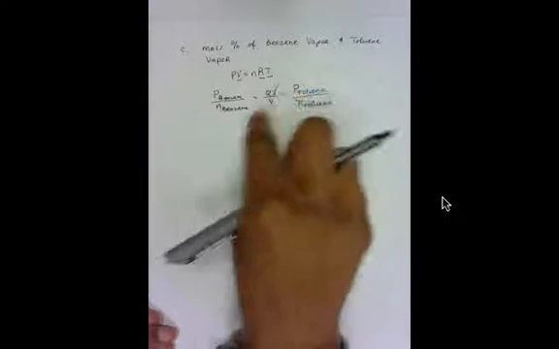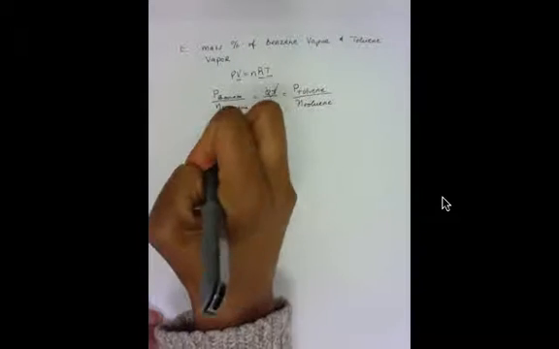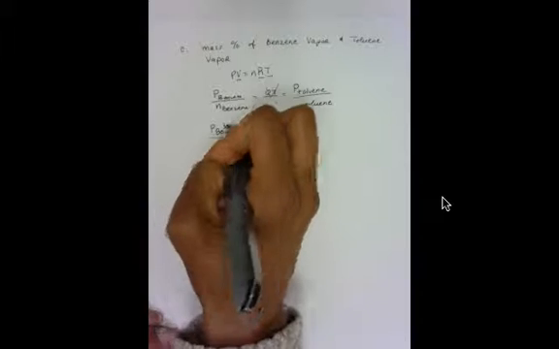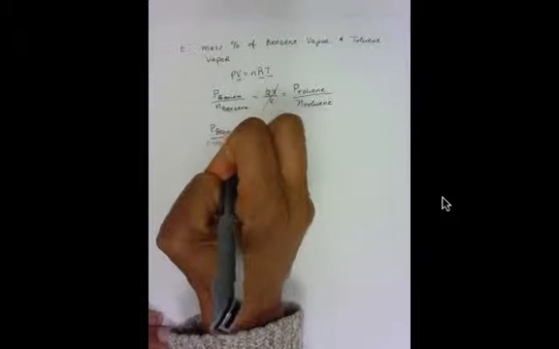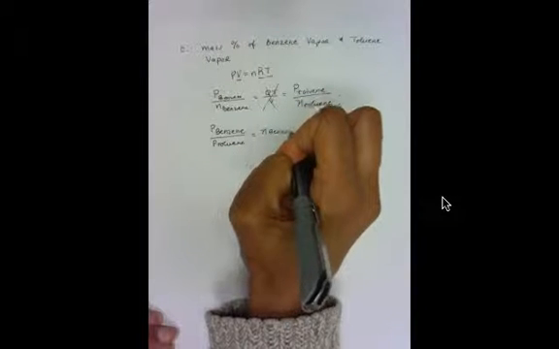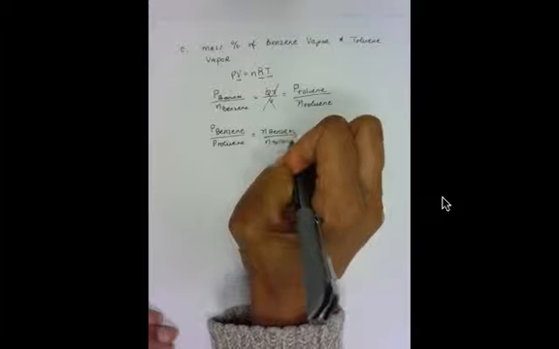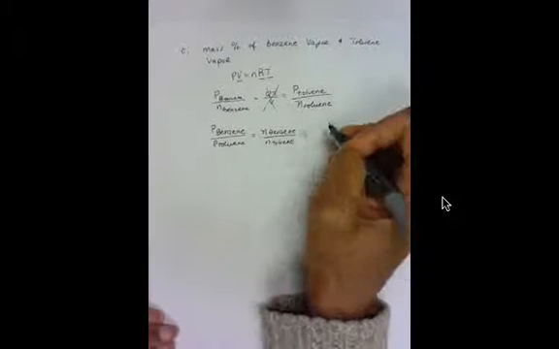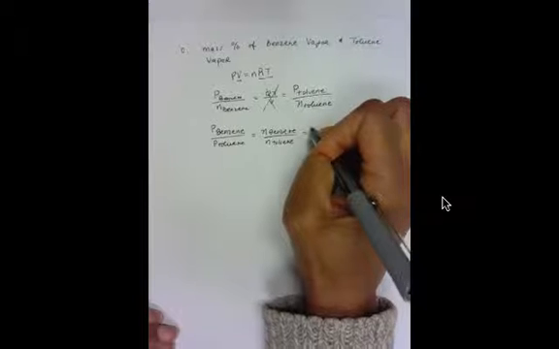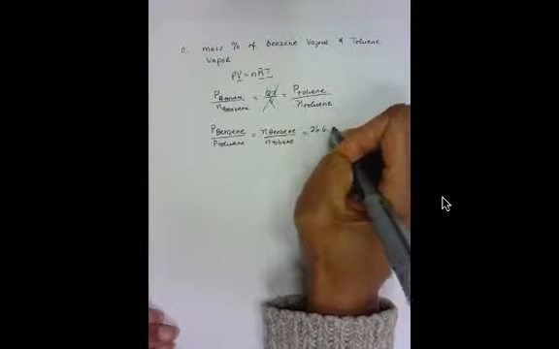Setting these two equal to each other, we can rewrite this. Using the values that we found from part A of this question, we have that the partial pressure of benzene is 26.6 torr.